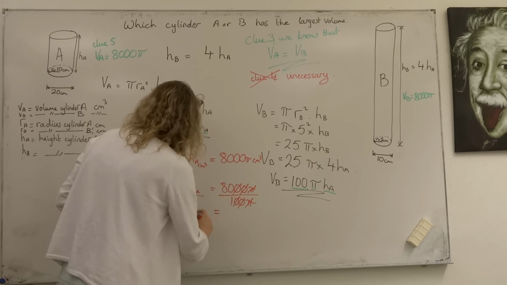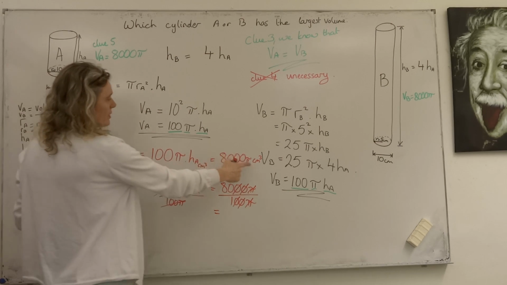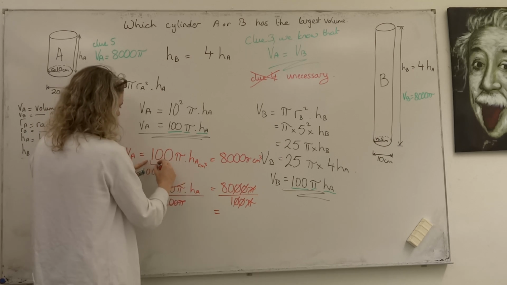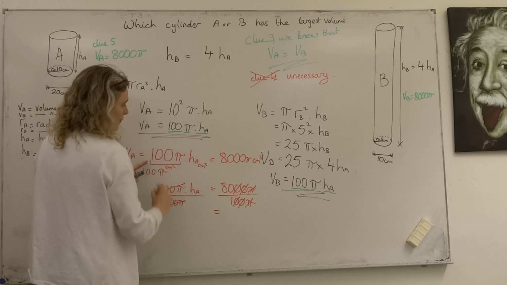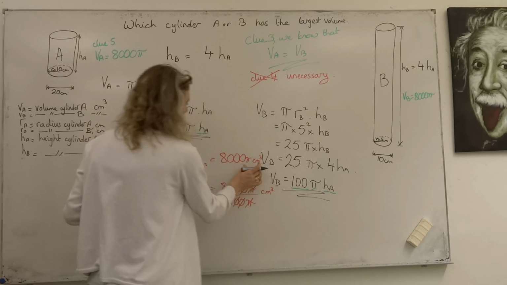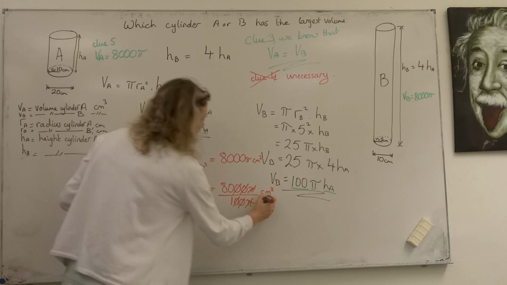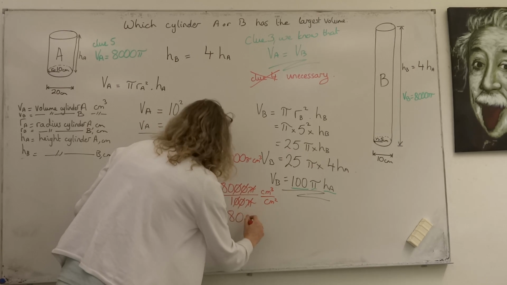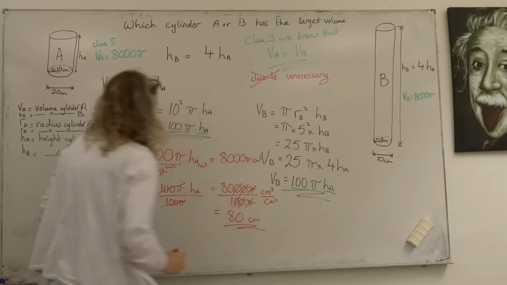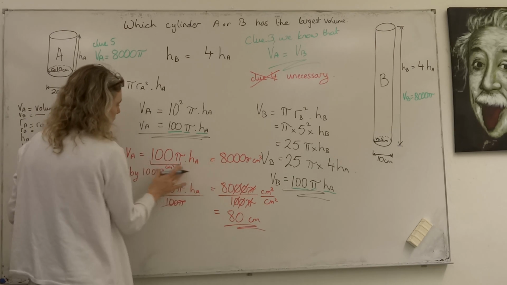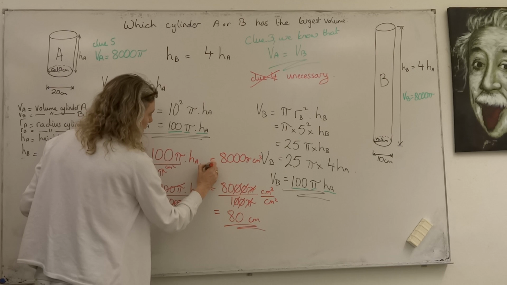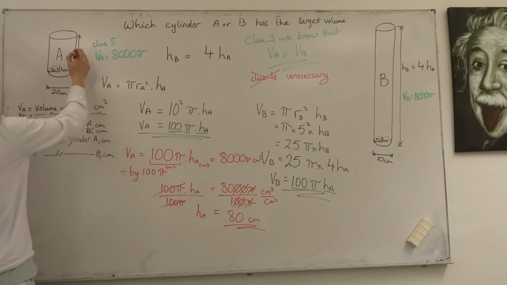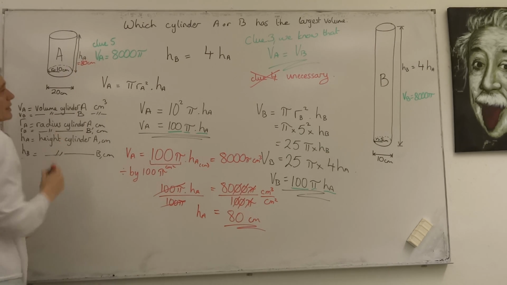So we get that HA, and here we would have units of centimetres cubed, the volume, divided by the area part, centimetres squared, giving us a height of HA of 80 centimetres. So we now know that the height of cylinder A is 80 centimetres.